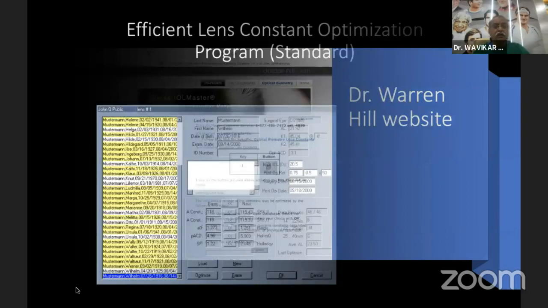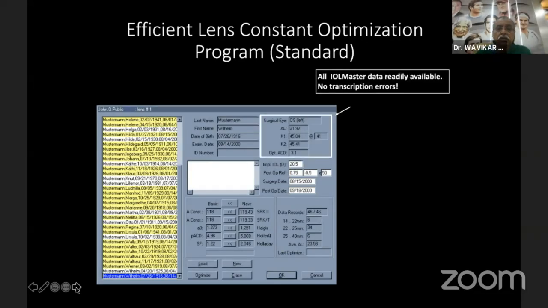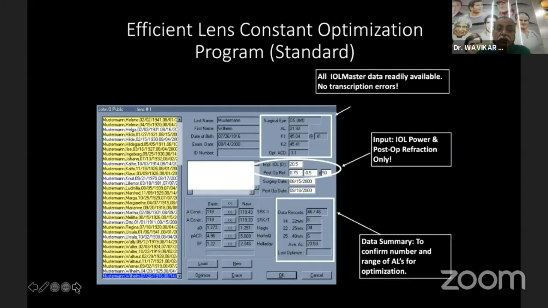Second thing is that on the higher end instruments like IOL Master 500, 700, Lenstar, this facility is available. There are benefits of doing it here. Number one, all IOL Master data is readily available, so there is no chance of transcription error. What you have to put in is only the IOL power and post-op refraction.